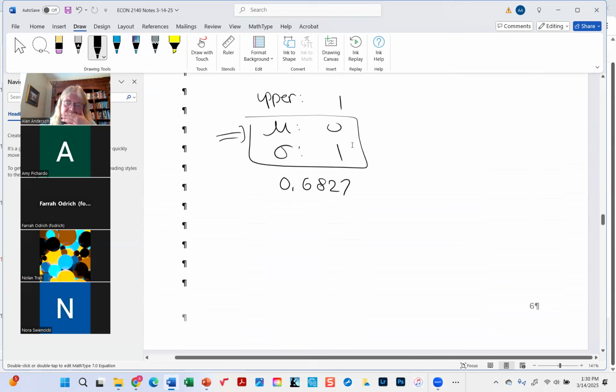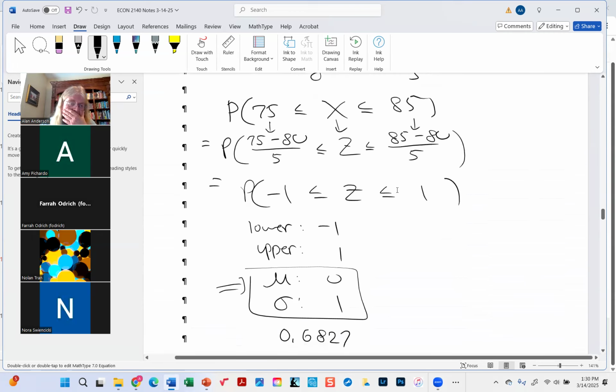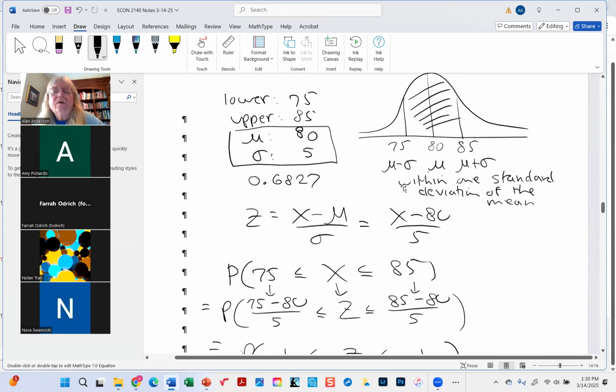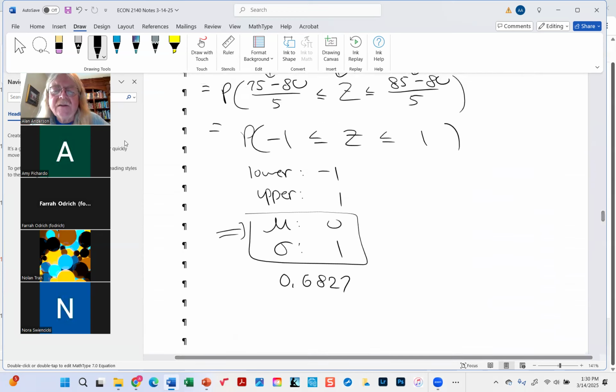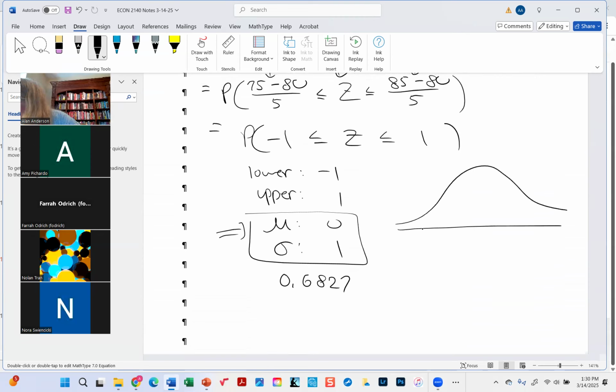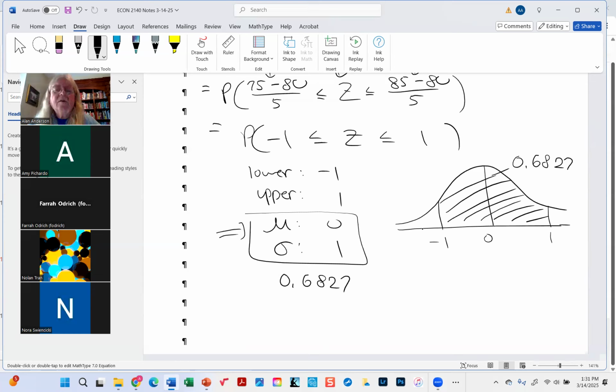So then, by the way, if you want to double check this, even though we already know the answer is 0.6827, you can go back here and double check it like this. Okay, and also don't forget, these numbers are what we refer to as z-scores.